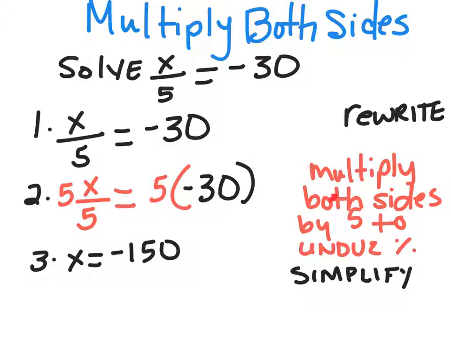The second step is to multiply both sides by 5, because it was a division here, to undo the division. So we have 5 times x over 5 equals 5 times negative 30. Essentially that crosses that out, and you're left with x equals negative 150, and that's as far as we can go. These steps should be what's on your homework.